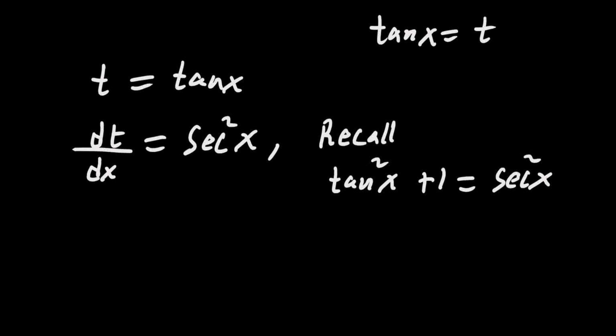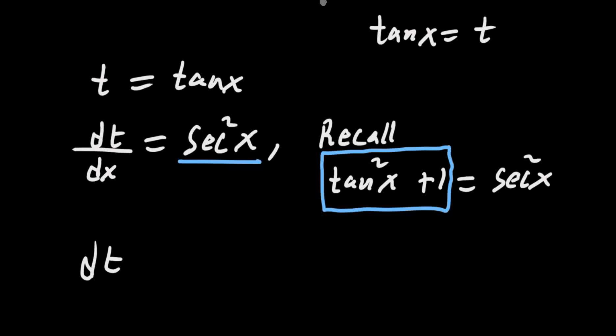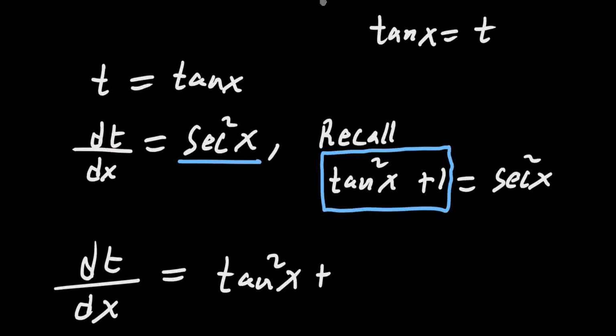So we can now substitute this value for sec squared X. So dT over dX will be equal to tan squared X plus 1.